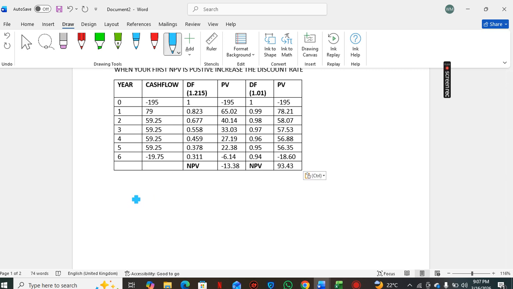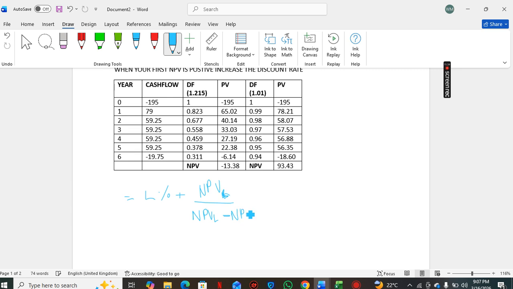L%, L is the lower discount rate, plus the net present value, NPV, with the lower discount rate, NPVL, over NPVL minus NPVH.